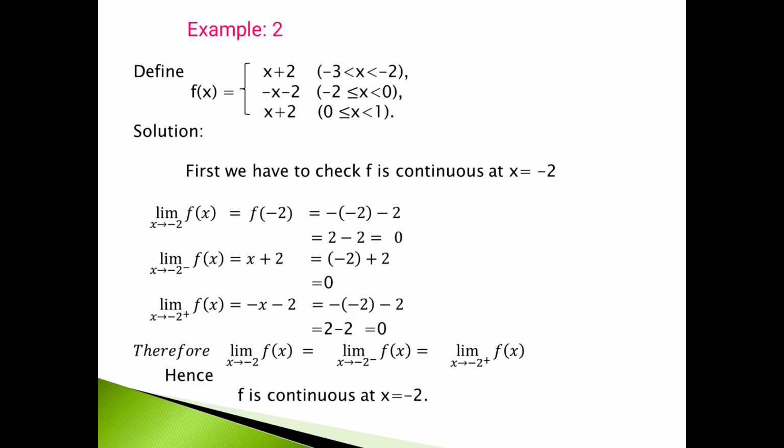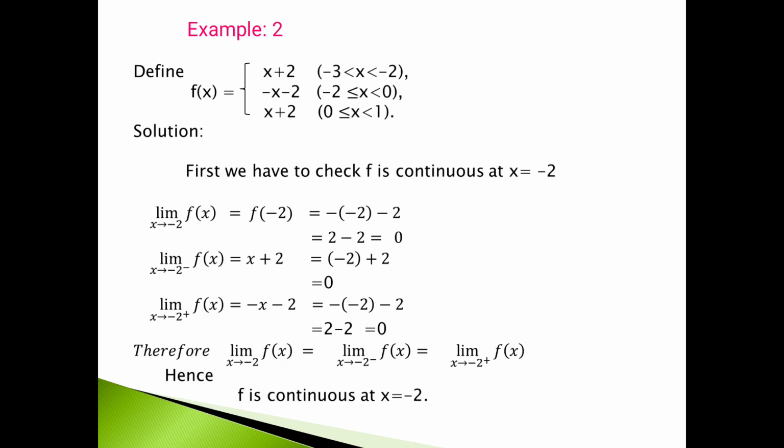So first we have to calculate limit as x tends to minus 2 of f(x), which is equal to f(minus 2). Apply the x value minus 2 in this given function. When x is equal to minus 2, it is in the second interval. So we use the second function, which is equal to minus of minus 2 minus 2, which is equal to 2 minus 2, which is equal to 0.